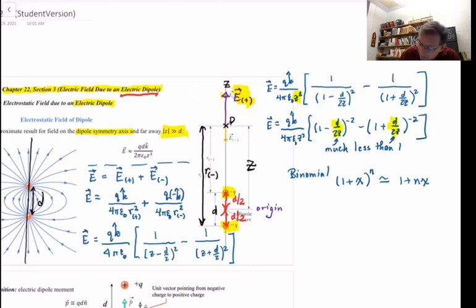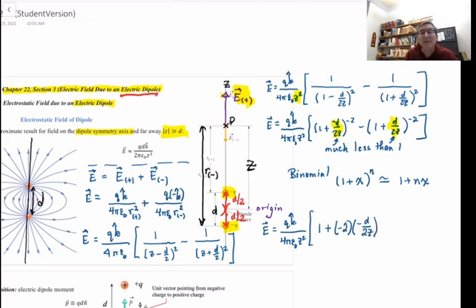I'll think of the first binomial as 1 plus negative d over 2z. And the power will be negative 2. And I'll use this so-called binomial expansion. So E is qk hat over 4 pi epsilon 0 z squared. Okay, for the first binomial, I'll have 1 plus n, negative 2, and the quantity x is negative d over 2z.